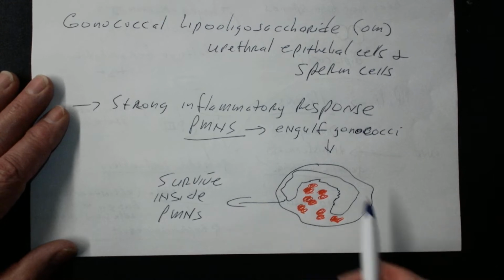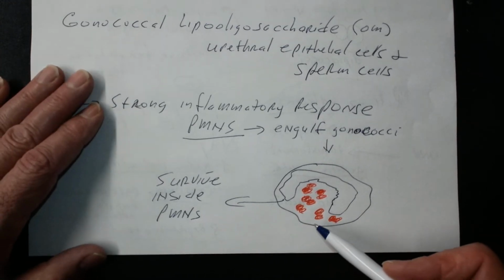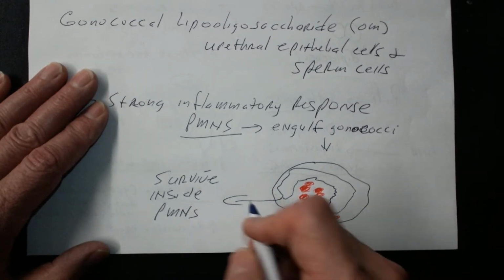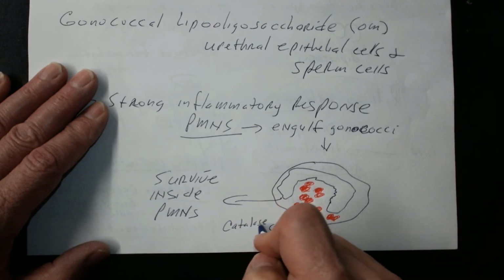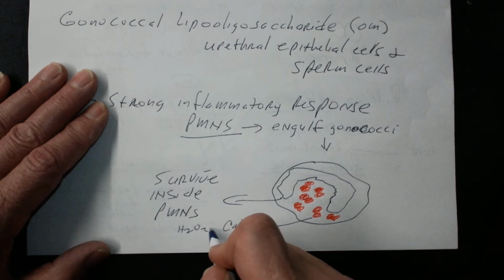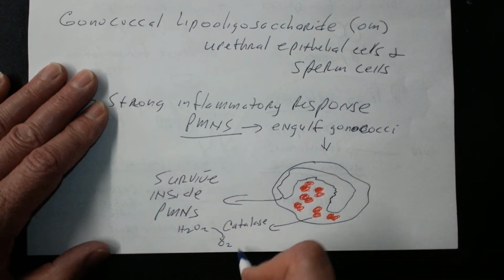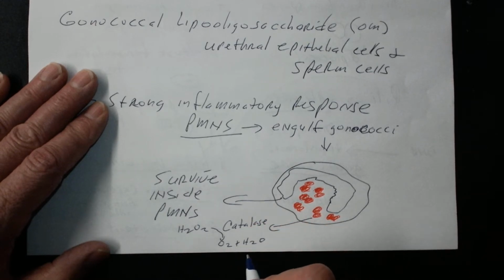There's several mechanisms by which they're able to do this. Giving you the Reader's Digest version, these cells make very, very large amounts of catalase so that hydrogen peroxide is converted to molecular oxygen and water.